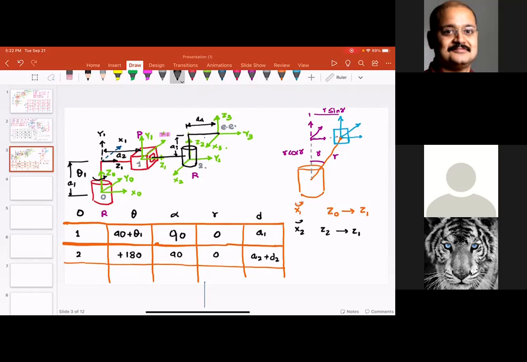Rotation about x2. Curl your fingers so that your thumb is pointing towards positive x2. Right. So alpha is rotation from z1 to z2. Yeah. Z1 to z2. Correct. Yeah, minus 90.